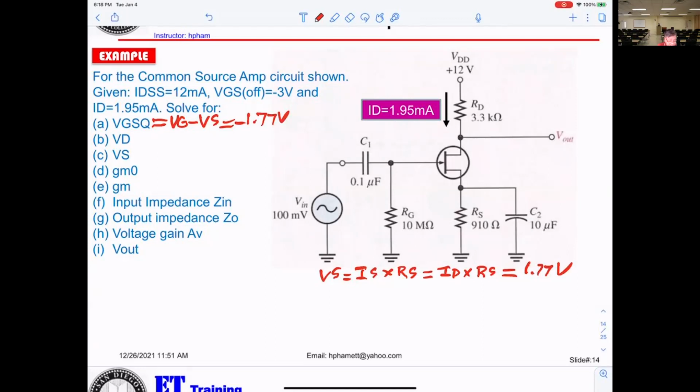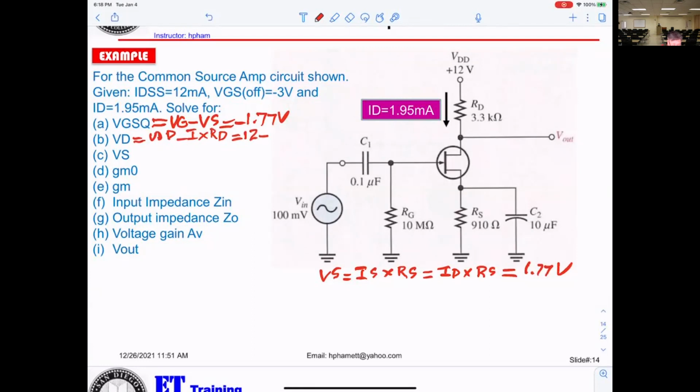Okay, now let's see. VD, the formula calculation, equal VDD minus ID times RD. VDD equal 12 volt minus RD times ID.